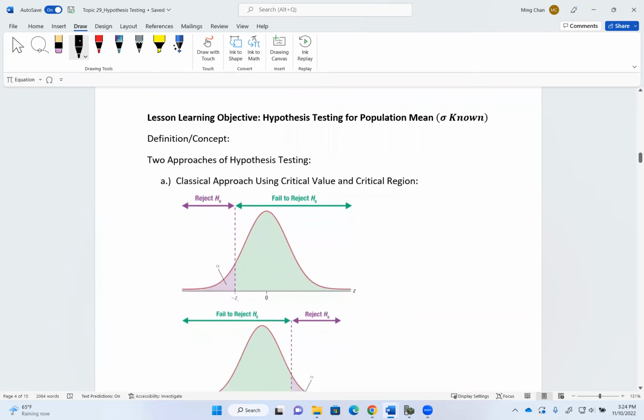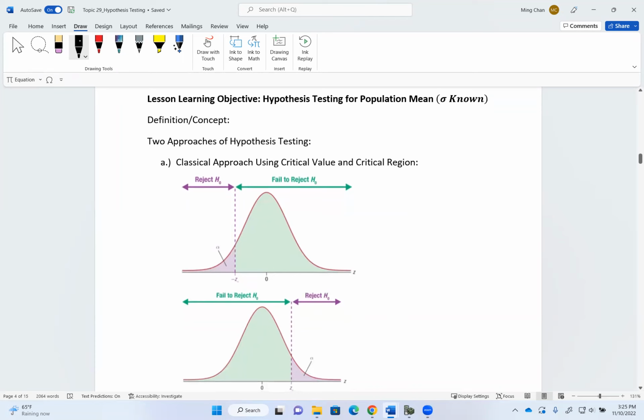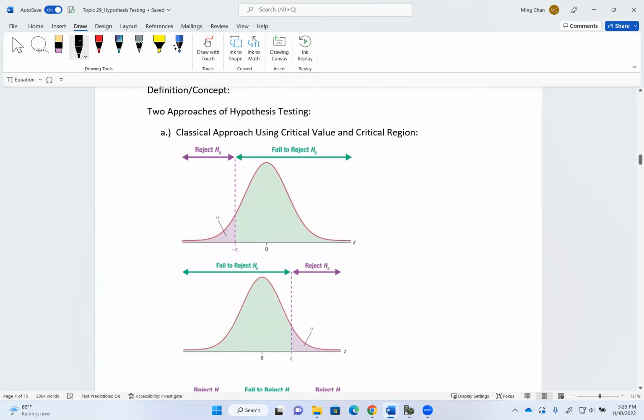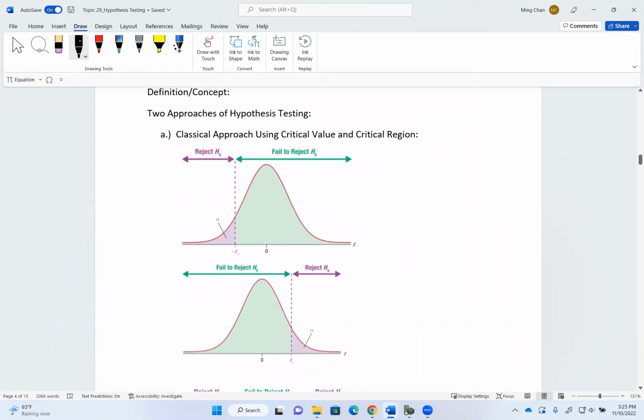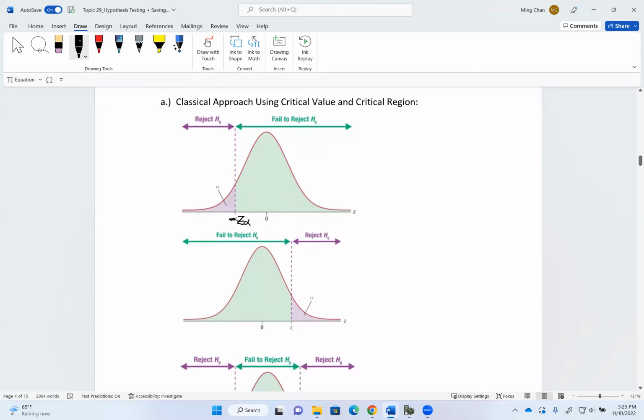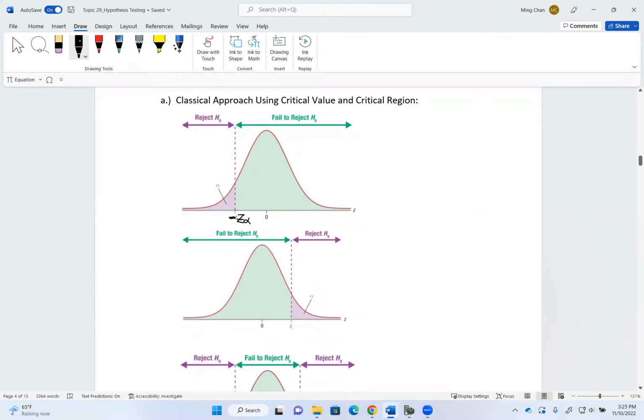All right, there are two approaches to hypothesis testing. The first one is called the classical approach, where we use the critical value and the critical region. Sorry, this is kind of hard to see. Right here, this is negative Z sub alpha for a left tail, and for a right tail that's Z sub alpha.